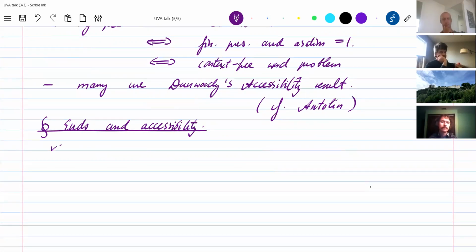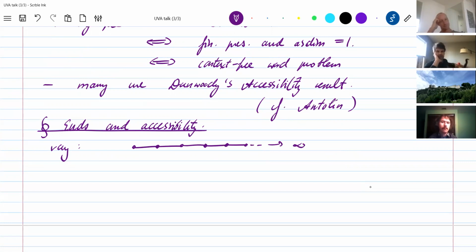So first of all, I'm going to call a ray just a one-way infinite proper path in my graph. Okay, so it's going off to infinity. It's a path. This is what I mean by a ray from now on.